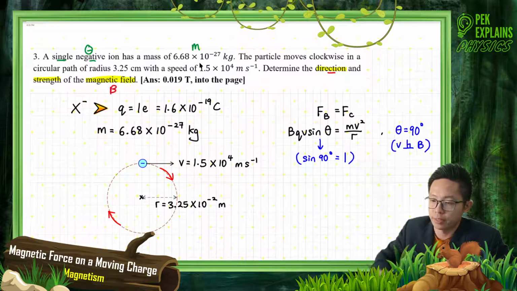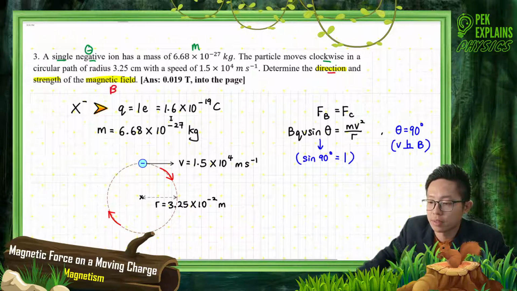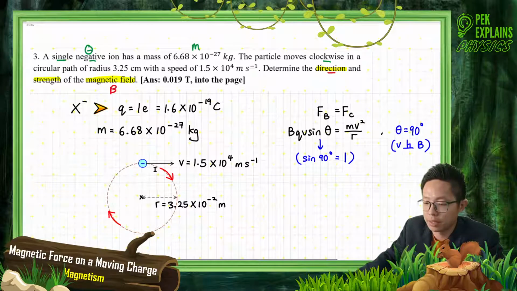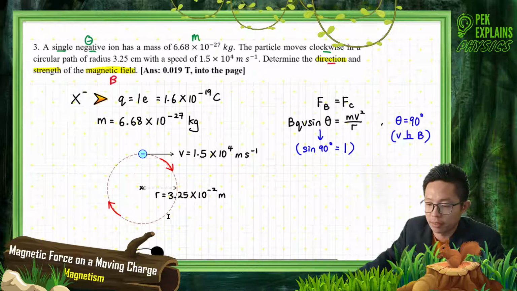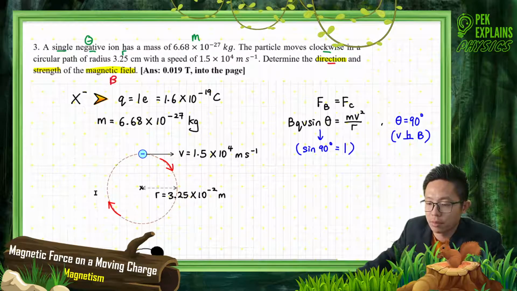And what else? He says move clockwise. Clockwise means you can imagine the particle moves like this, following the clock, in a circular path of radius. The radius of this circular path is 3.25, change to meter, exponent negative 2.